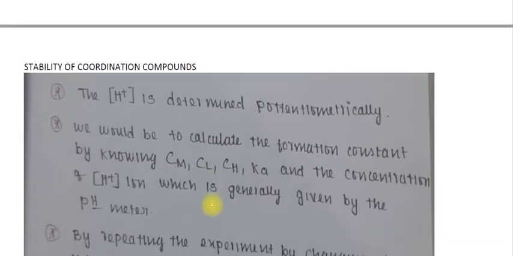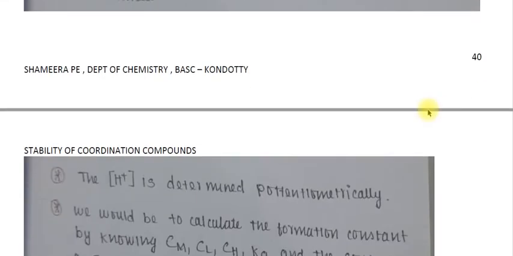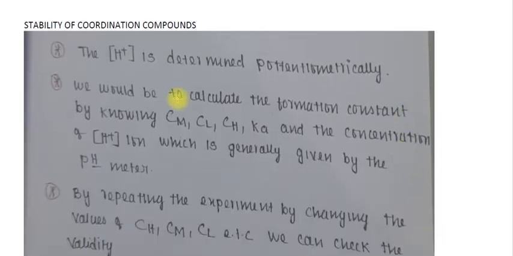Here the concentration of H plus is determined potentiometrically, and we will be able to calculate the formation constant by knowing the Cm, Cl, Ch, Ka and the concentration of H plus ion, which is generally given by the pH meter.